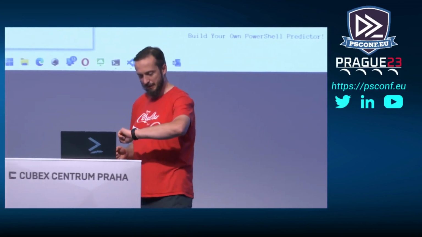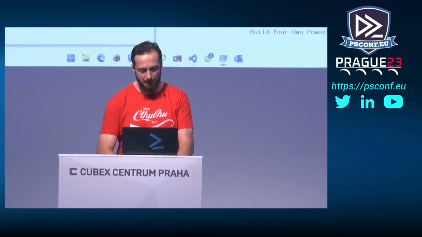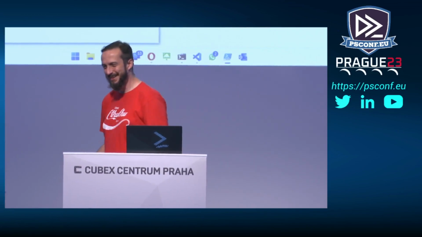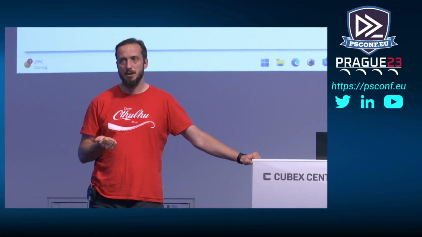Well, if there are no other questions, that's what I prepared for today. What I wanted to give you, and what I would like you to take home from this session, is that, first of all, if you are not bound to PowerShell 5.1 and you can use PowerShell 7, I really recommend you start taking advantage of the predictors and just building.